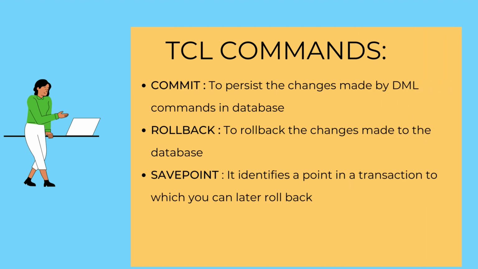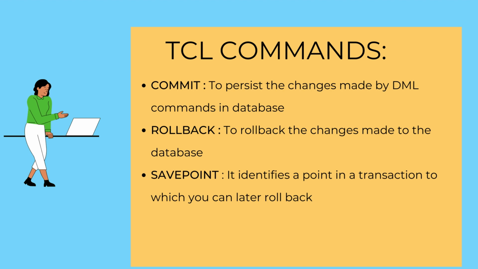The last category of commands is TCL commands. The first command is the commit command, which we use to persist the changes made by DML commands in the database. Second command is the rollback command, which we use to roll back the changes made to the databases. It will take your data to the previous stage, or we can also say it will undo the changes made to the databases.